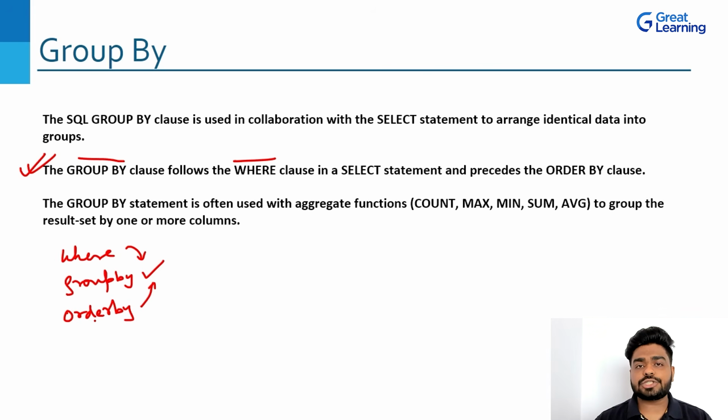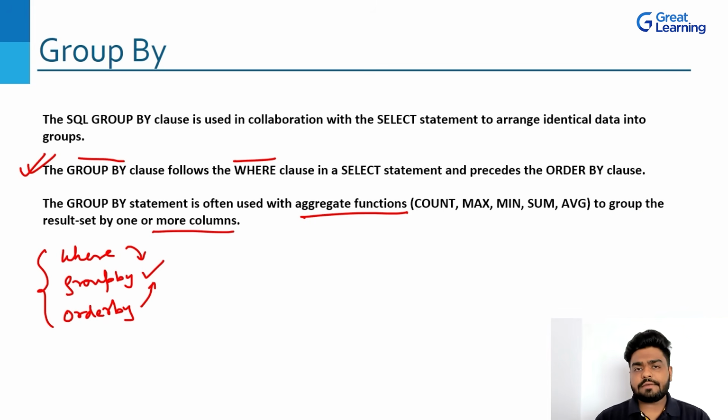If you have one question in which you have to use the group by, the where, and the order by, then you have to use these three in the same manner. You can't shift these here and there, otherwise it will give an error. The group by statement is often used with aggregate functions: count, max, min, sum, and average, to group the result set by one or more columns.